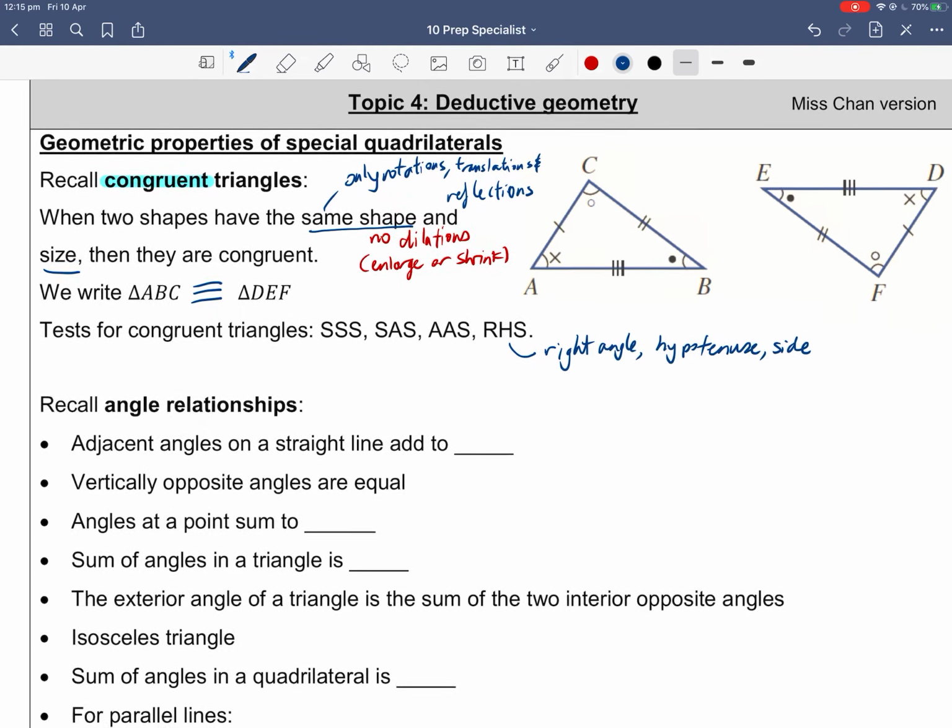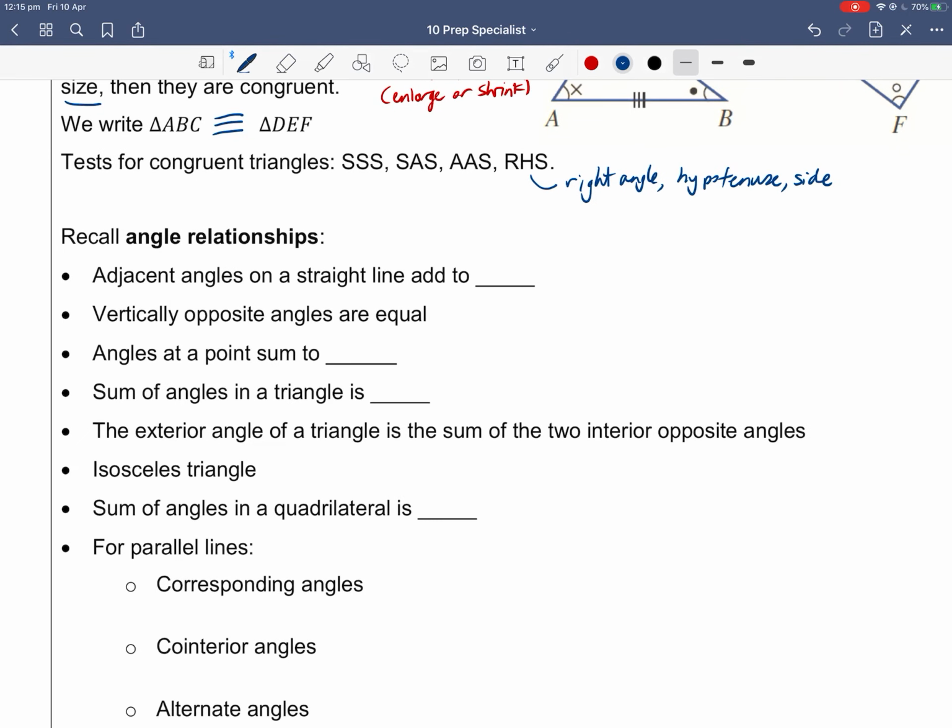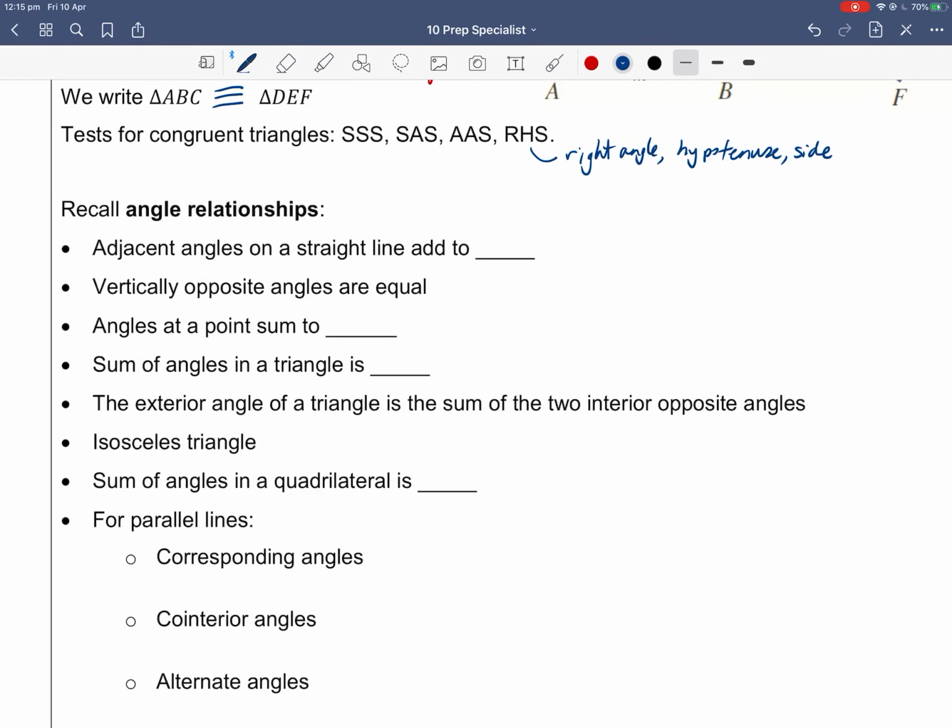Next we're going to look at some recap of angle relationships. So angles on a straight line add up to 180 degrees because supplementary angles. So 180 degrees, you might know this as the word supplementary.